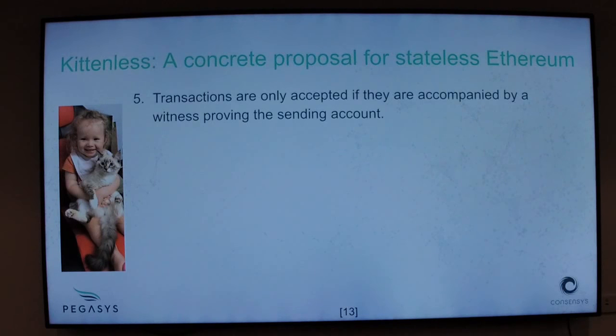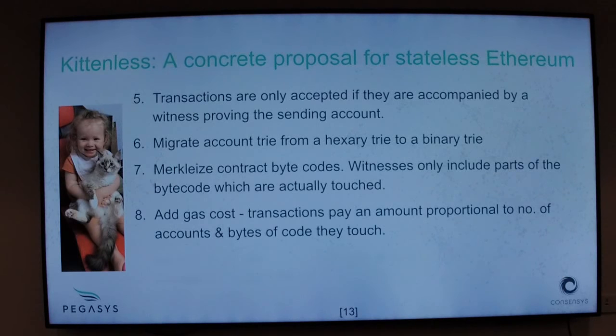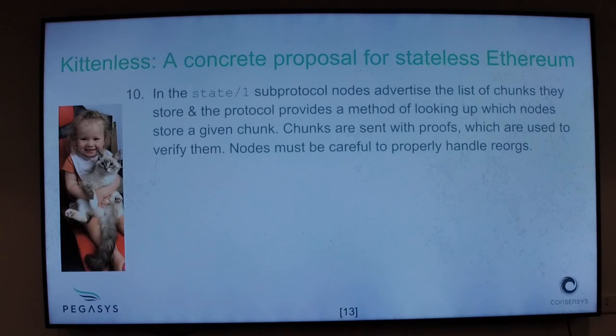So transactions are only accepted if they're accompanied by a witness, proving the sending account, migrate the account tree, merkelize contract bytecodes, add a gas cost, and a new sub-protocol, and then also advertise the list of chunks they store, and the protocol then provides a method of looking up which nodes store a given chunk. So it'll be interesting to see how that is achieved.